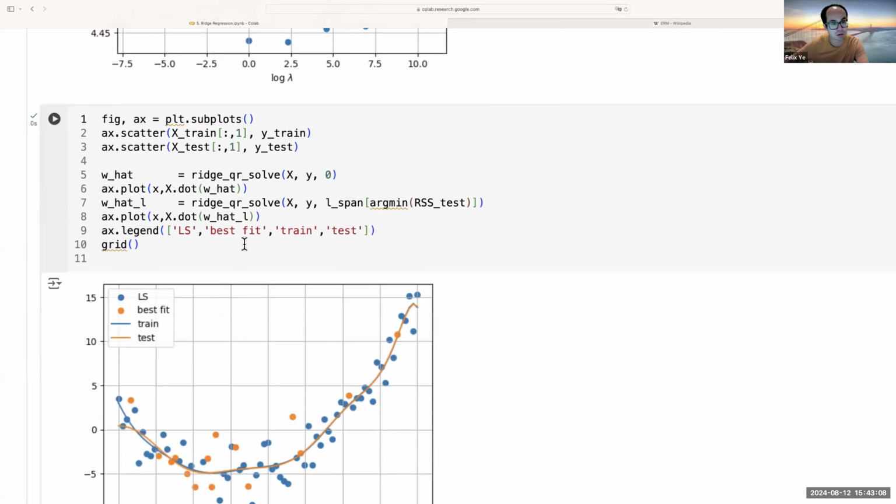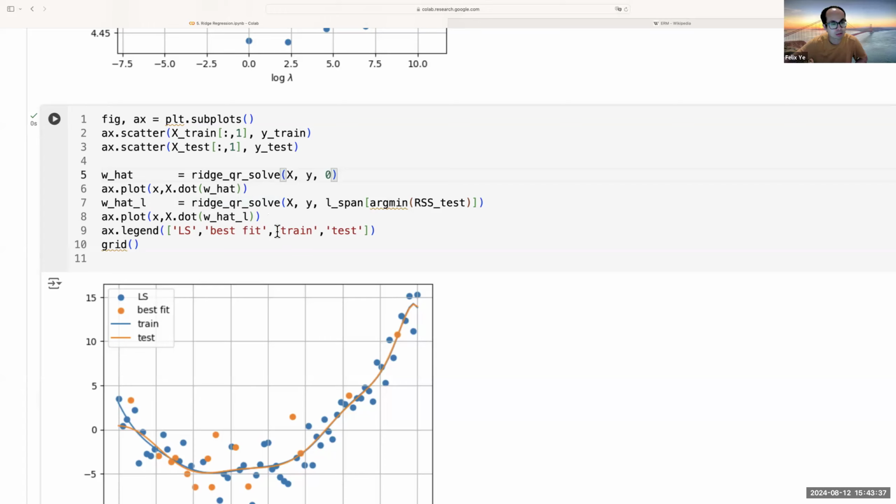So let's see. Yeah, this is my prediction for the training here. So this is the least square.